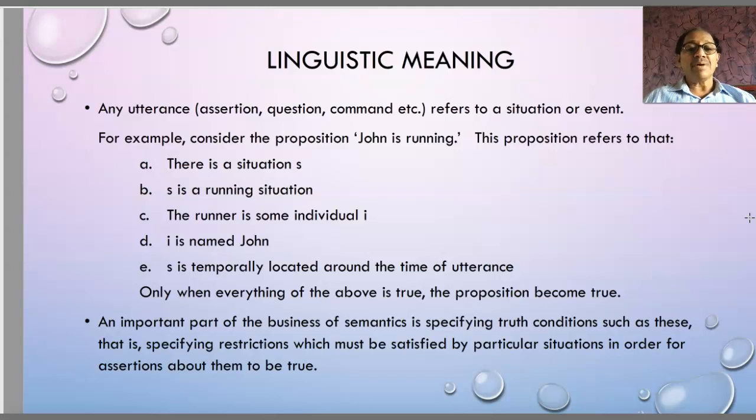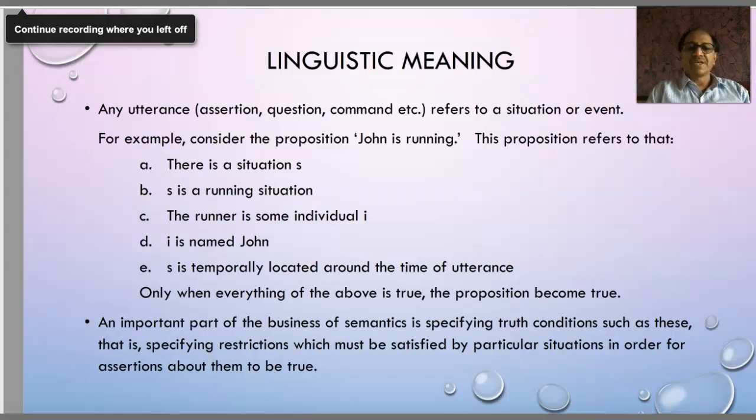So, an important part of the business of semantics is specifying truth conditions, such as these: situation, individuals who are participating in the situation, and the location, time. So, specifying restrictions which must be satisfied by particular situations in order for assertions about them to be true. Only then the proposition will be true.